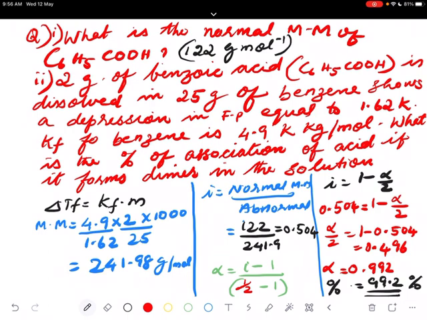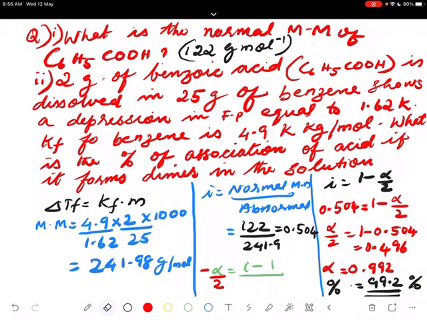So 1 by 2 minus 1, that is minus half. So I'll be replacing this by minus half, and multiplying this, so minus alpha by 2 here, minus alpha by 2 here.